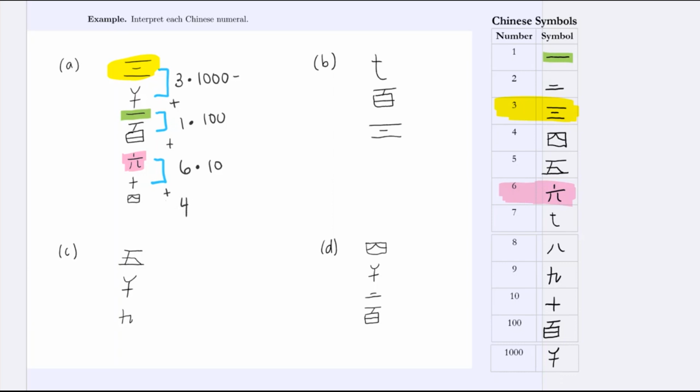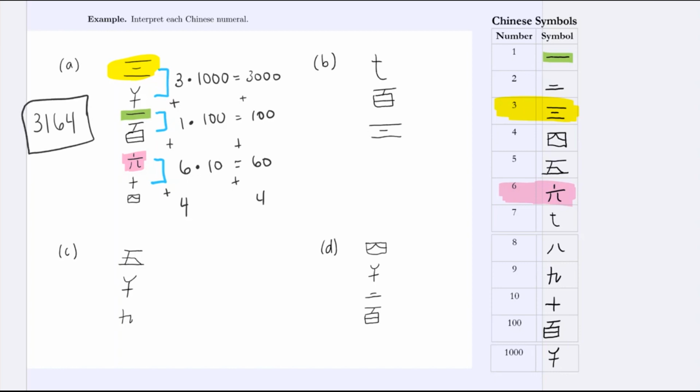So this would be 3,000 plus 100 plus 60 plus 4. So for A, we have 3,164 is our answer.